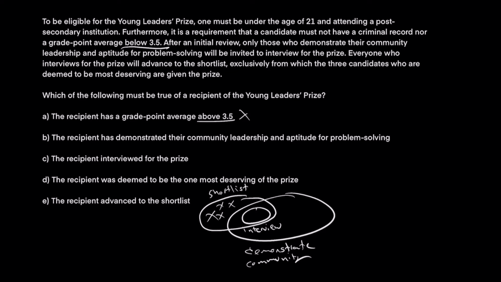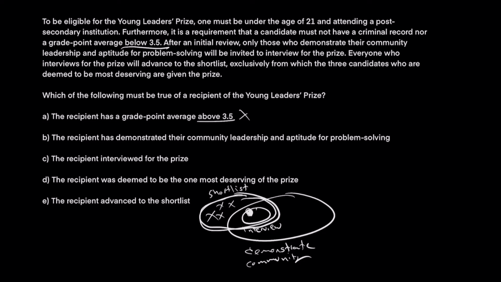It is sufficient, right? It is sufficient that if you demonstrate your community leadership and aptitude and you interview, you're part of this little circle, you're still part of the entire group of shortlisted people and you can still get the prize, right? But that doesn't mean that if you haven't done those things, you can't get the prize or you can't be shortlisted, right?